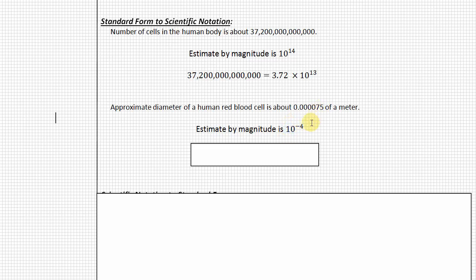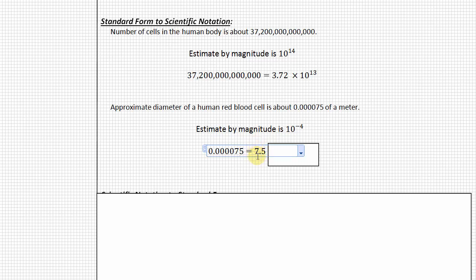So the same rules apply. If we want to be more specific and write this in scientific notation, we have to take this decimal, and again I just wrote it down as its original, and a little bit more. So here it is as its original, 75 millionths, but A has to be greater than or equal to 1, but less than 10. So we put that decimal right between that 7 and the 5. Now 7.5 is greater than 1, but less than 10.